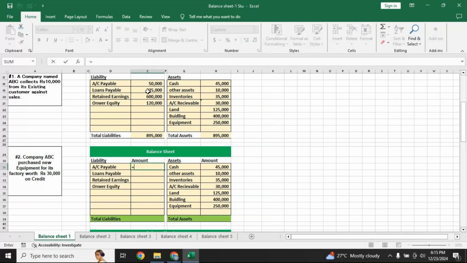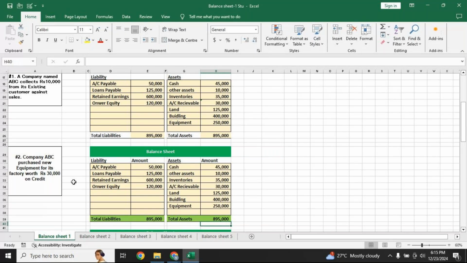So here 50,000, 1,25,000, 6 lakh, 1,20,000. I'll put alt equals, and here also I'll put alt equals. Here they are telling that company ABC purchased new equipment for its factory worth rupees 30,000 on credit.